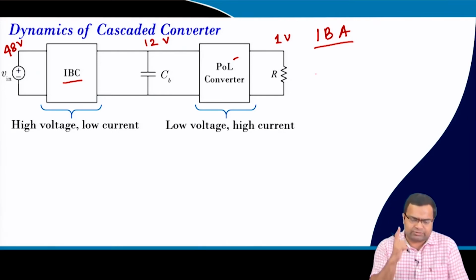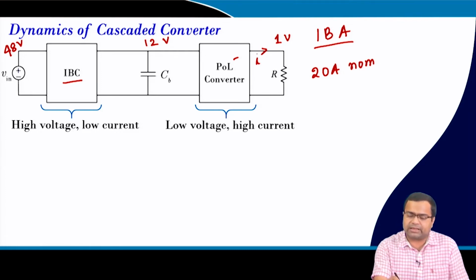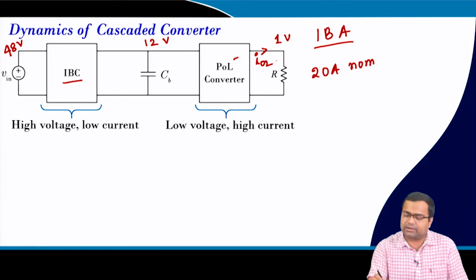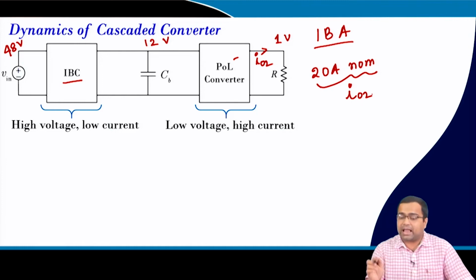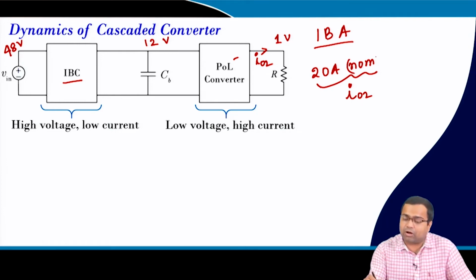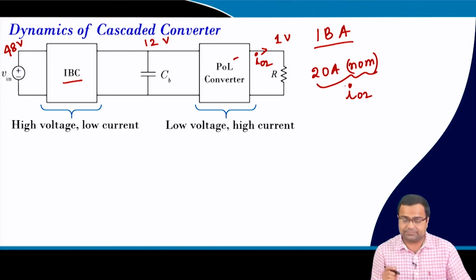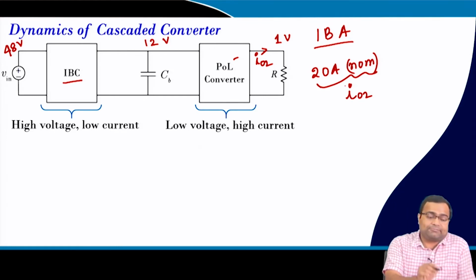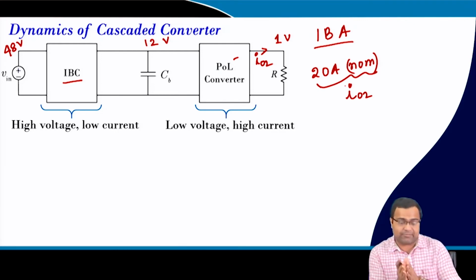But since we are only using one phase, we will go up to 20 ampere as my nominal current. So, this is my I02, my nominal value. So, it is a low voltage high current application, and the transient requirement is extremely fast in the second stage, whereas the first stage is used to convert from high voltage to an intermediate voltage.